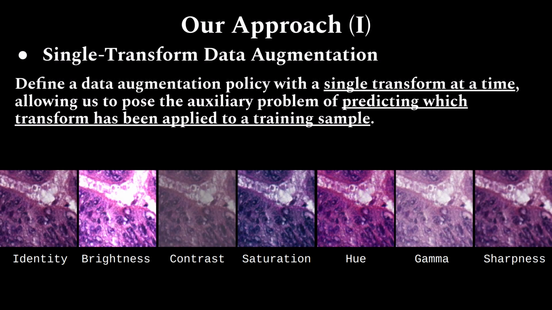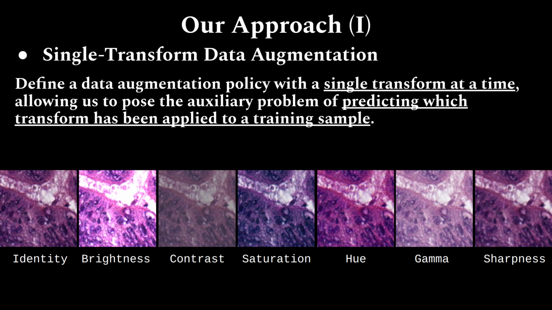So in this case, we are going to use this single transform data augmentation approach to pose an auxiliary problem, which is: which was the data augmentation operation we applied to this image before passing it through our network? Okay, so we will ask that to our model each time we feed it an image during training.